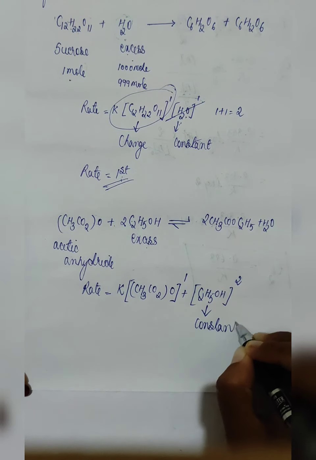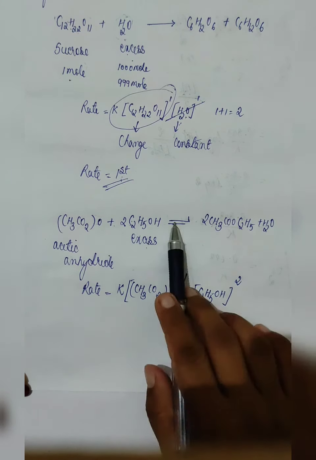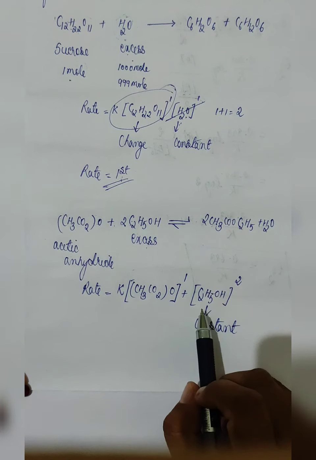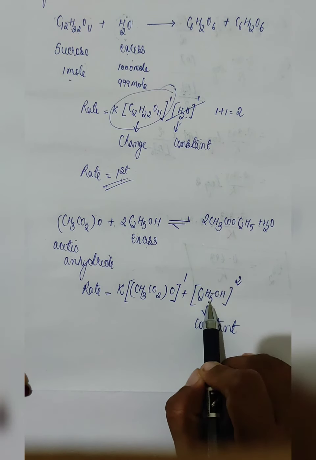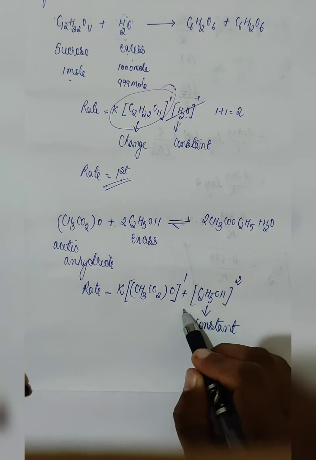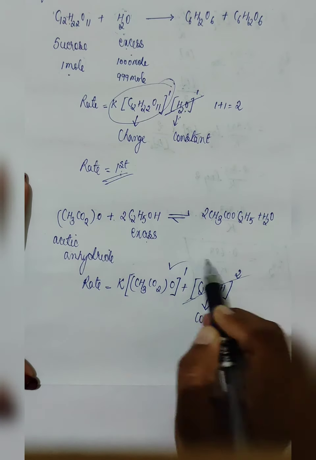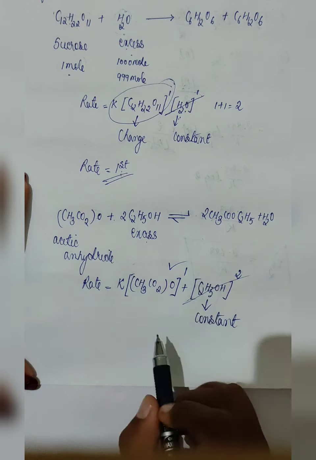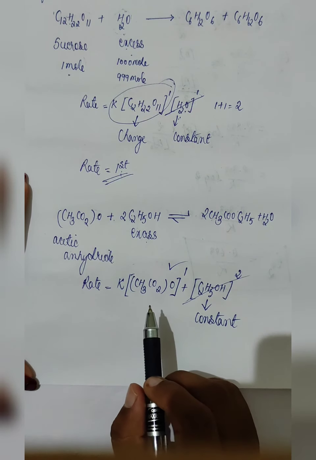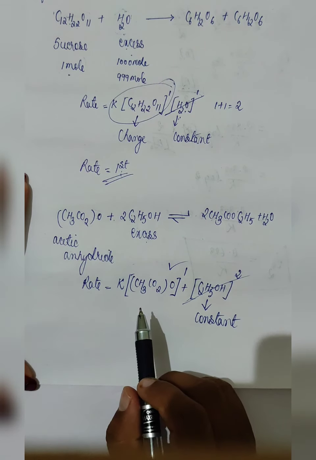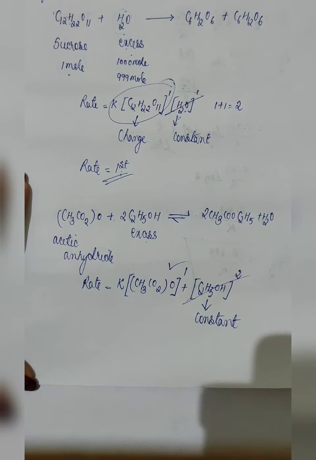It does not change because it is present in excess and only 1 mole is being used. So there is no effect on the concentration. Concentration remains constant. So this will not participate. So the rate will be first order, not third order. So this is what pseudo first order reaction means. They appear to be of higher order, but they are actually first order reactions.